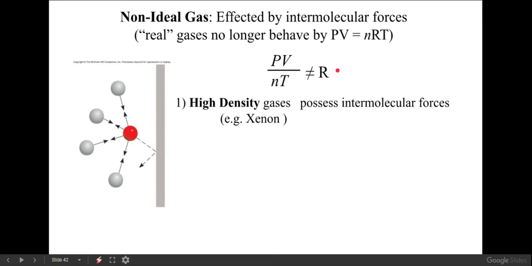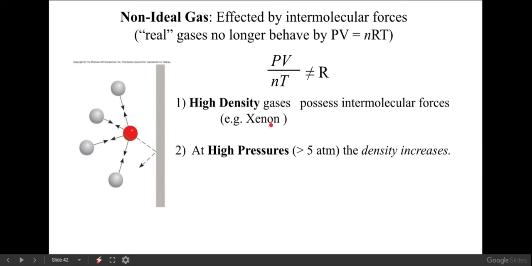For one, some gases just naturally have high densities, and by definition, a dense gas or a dense substance has particles really close to each other, something like xenon. Another scenario, any gas, if you increase its pressure up above like 5 atmospheres, by increasing the pressure, it therefore increases density.